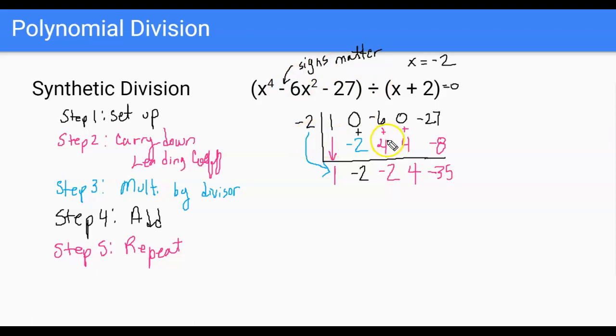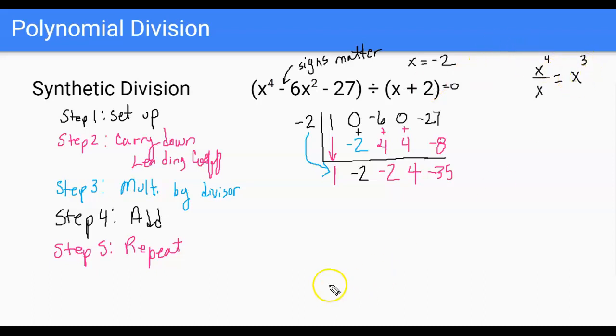So what we have to remember is that we took x to the fourth and we divided it by x. And so this quotient is always going to end up being 1 degree less than what we started with, because again, synthetic division only works if we actually are dividing by a linear factor. So it's always going to be x something.